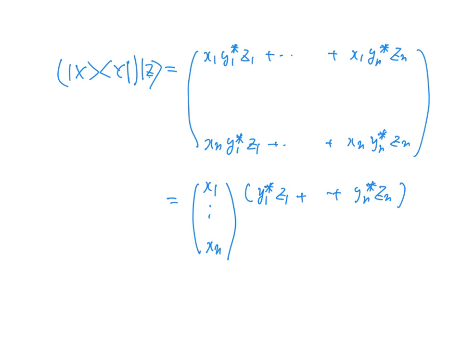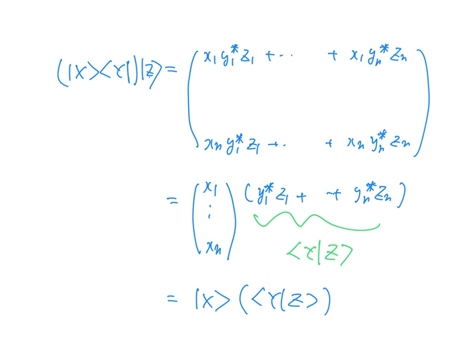And this is actually the inner product of y and z, right? So this whole thing can be written as x times the inner product of y and z. So the outer product and inner product are related by the associative rule.